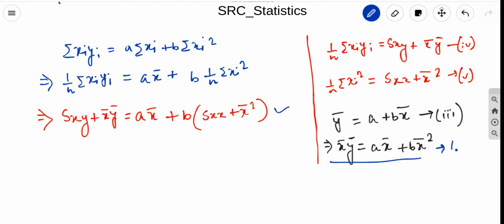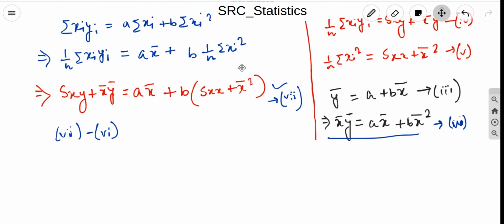Suppose this equation is equation number 6 and this equation is equation number 7. Subtracting 6 from 7, the left hand side is sxy plus x bar y bar minus x bar y bar, so this x bar y bar gets cancelled.